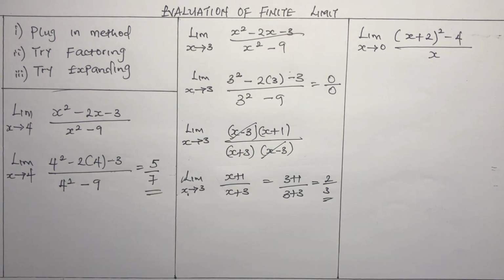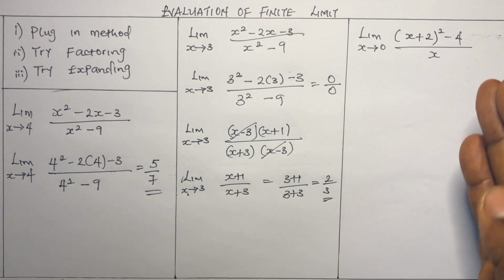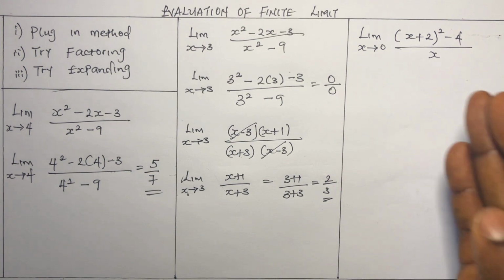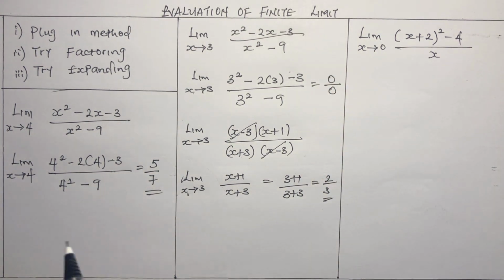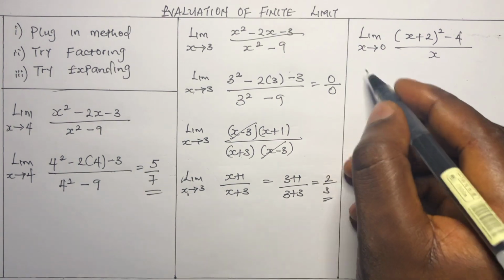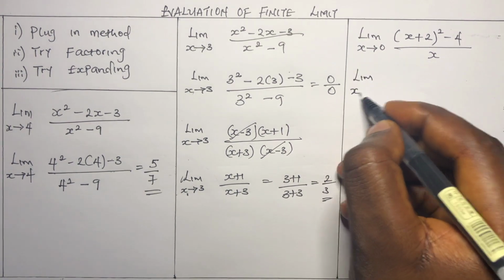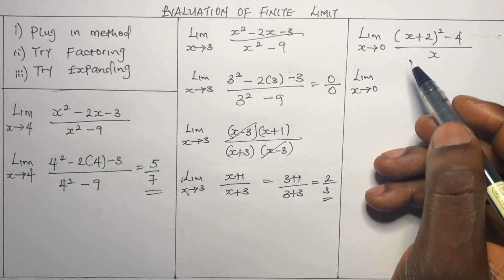So let's take the last problem we have on our list. We have the limit of (x plus 2) raised to the power of 2, minus 4, all divided by x, as x is tending towards 0. So if we use the plug-in approach to this problem, wherever we find x, we substitute 0.